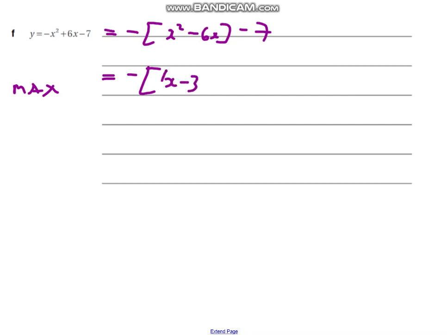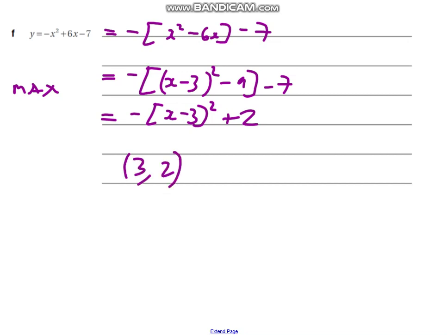X minus 3 all squared minus 9 minus 7, so that's now going to be minus x minus 3 all squared plus 9. Negative times negative is positive, so plus 9, so that's going to be plus 2. So that means it's going to be a max. It's going to be at the coordinate 3, 2.